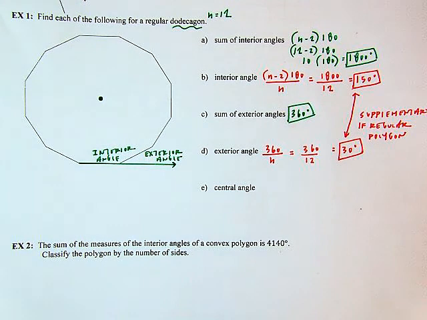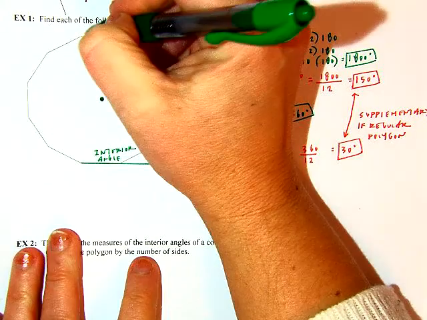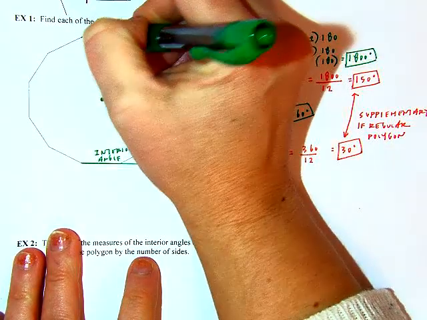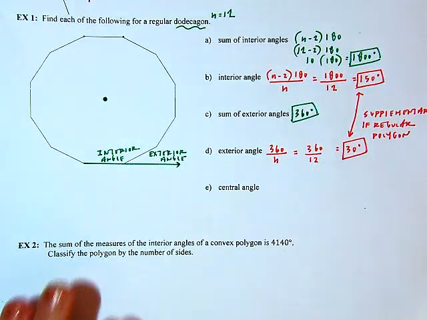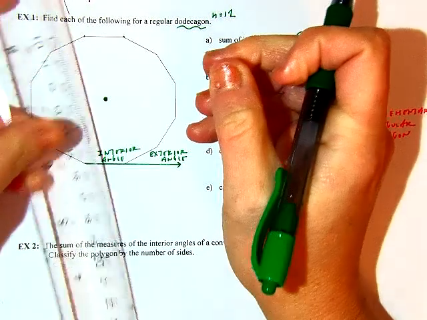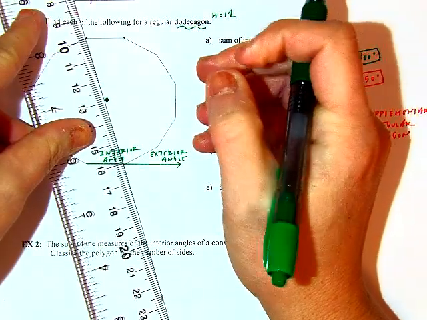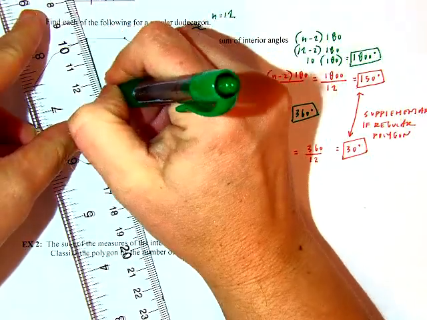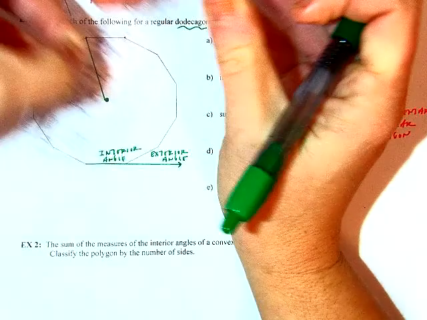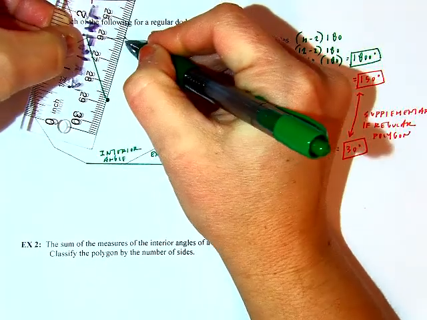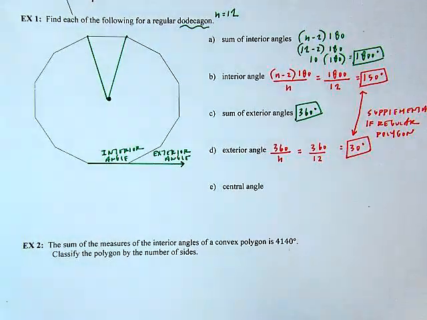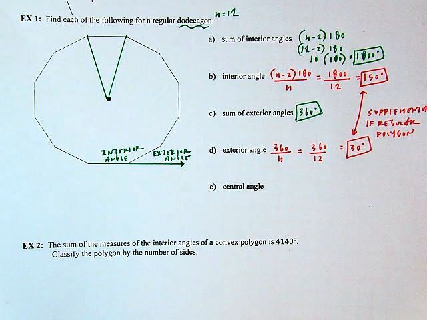If I look at two consecutive vertices, like here and here, and I connect them and make an angle with the vertex at the center, that is one of 12 central angles because it's a regular dodecagon.